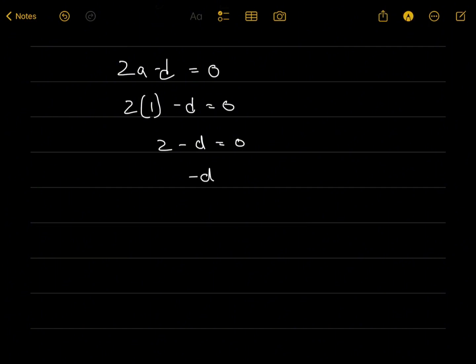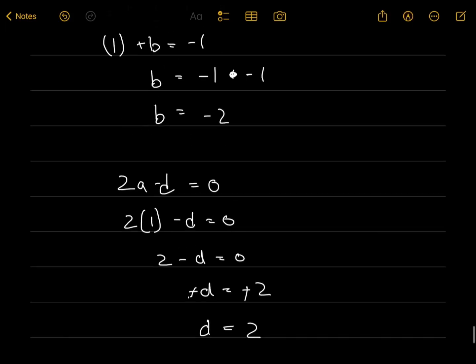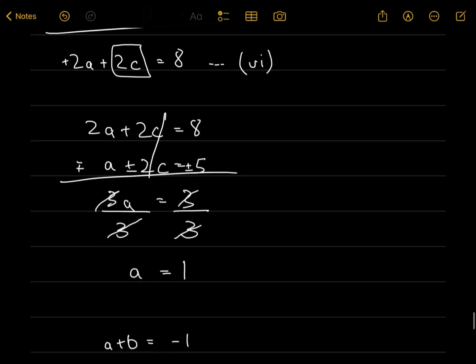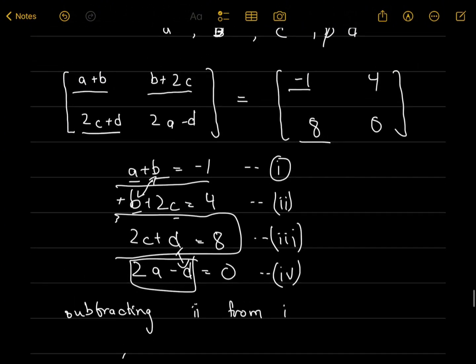Subtracting 2 from both sides, minus D equals minus 2, and the minus cancels on both sides, so D is equal to 2. So D is 2, A is 1, and B is minus 2. The value we are left with is C.